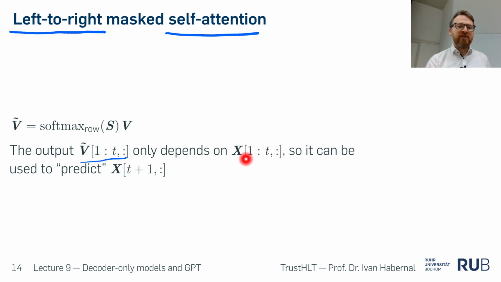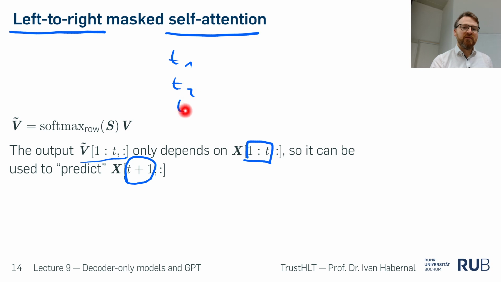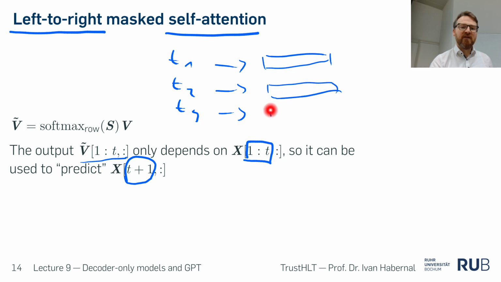we are conditioning on a sequence of 1 to t tokens, which means we can predict the next token, t plus 1. So we have token 1, token 2, token 3, and after running the self-attention, we have embedding vectors for each of these tokens. Since they could only have looked into the past, through self-attention they learn a contextualized word embedding, but one conditional only on the past.